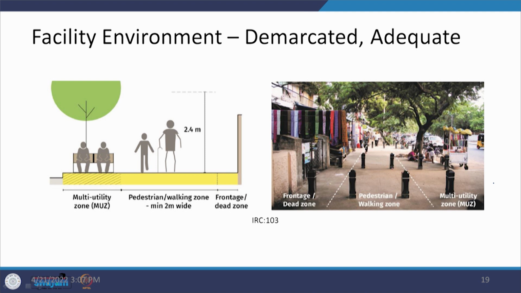In another case, we already discussed the spaces being dedicated for different types of uses, and the same is portrayed in this photograph, also from a southern city, where you can see the dead zone, the multi utility or functional zone, as well as the pedestrian walking zone very clearly defined, marked and separated, and also protected by the provision of bollards, so that no vehicular movement takes place on this facility.